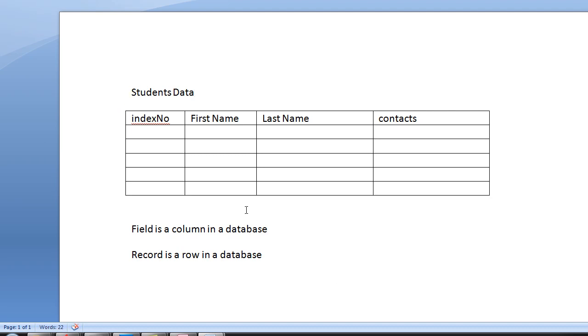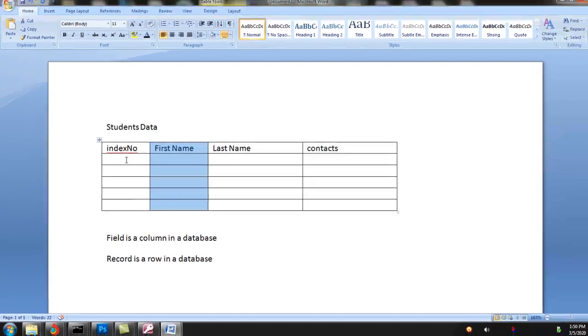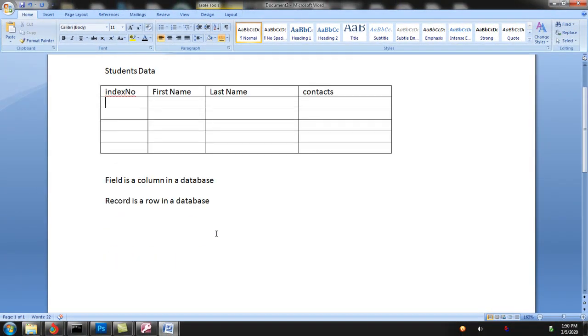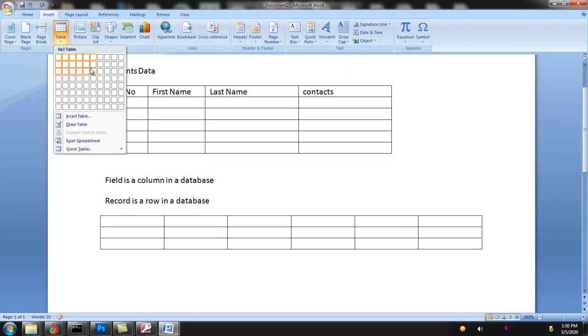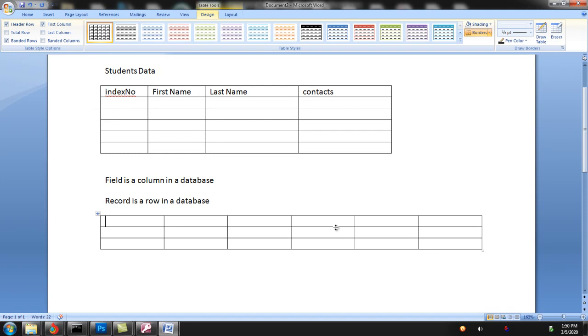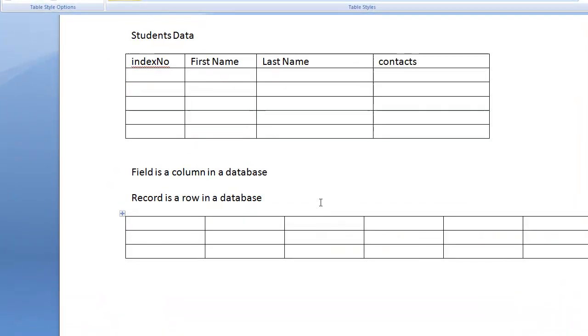So this is the table name, and this is the field name. Field name 1, field name 2, field name 3, field name 4. This is the field, or what we call a column. If you are to have more than one table, each student will at one time sit for an exam.